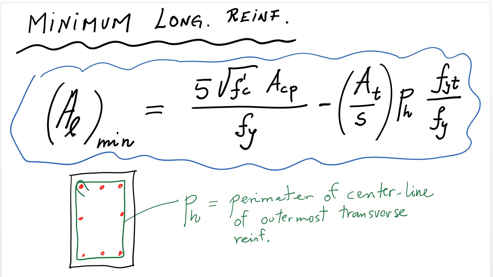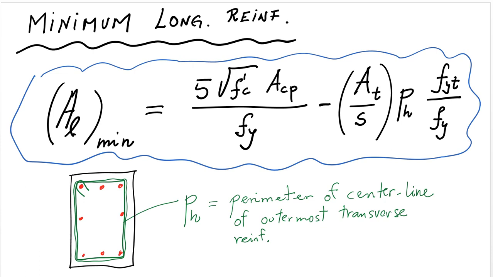As we remember, ph is the perimeter of centerline of outermost transverse reinforcement. So it's basically this perimeter right here, right? And if you remember, Acp is the area enclosed by the outside perimeter of the cross section.